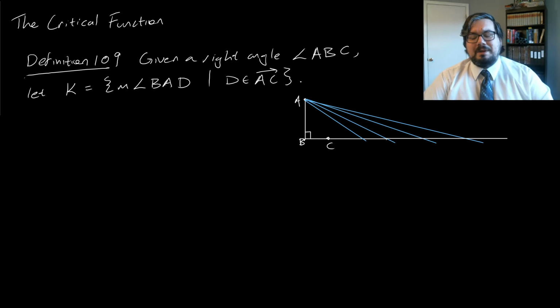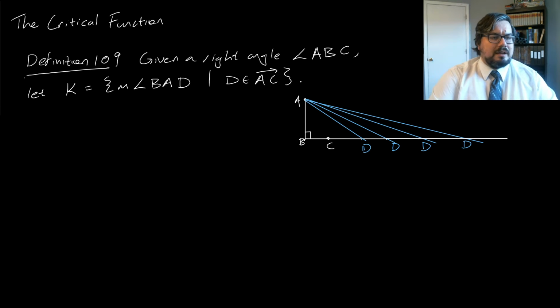And so we can see that as we increase our angle measure, the angle BAD, we've got all these various D's here on the ray BC. Oh, sorry, I wrote AC down here. This should be BC.